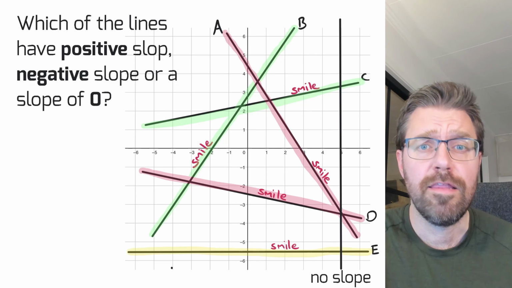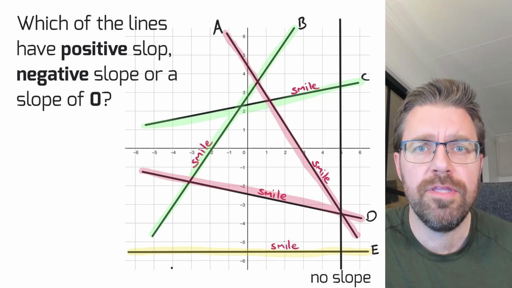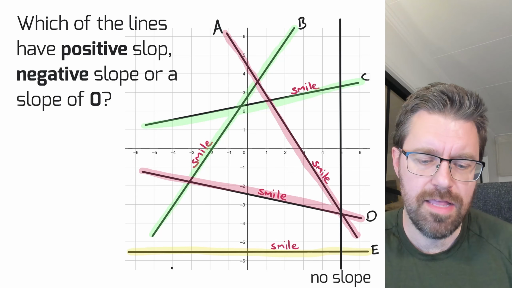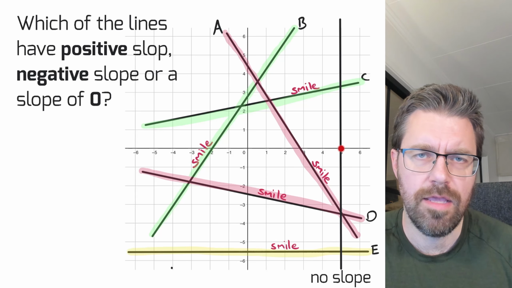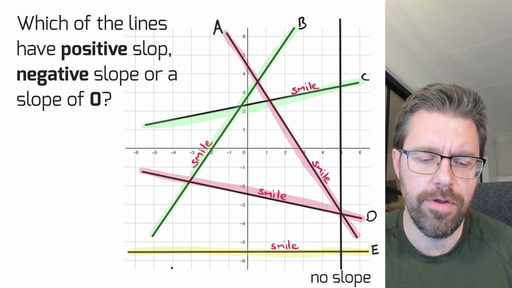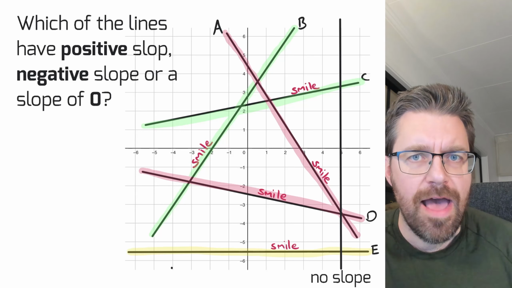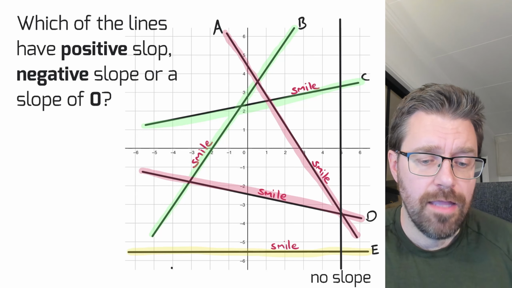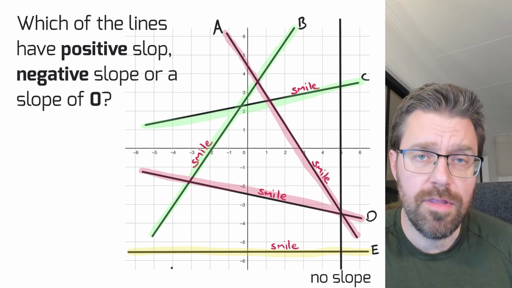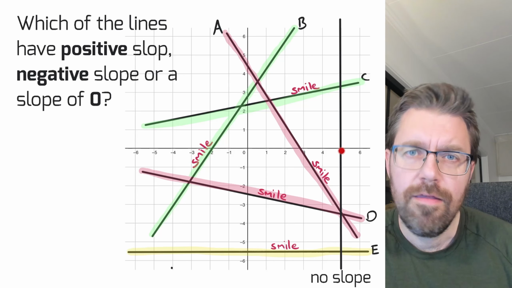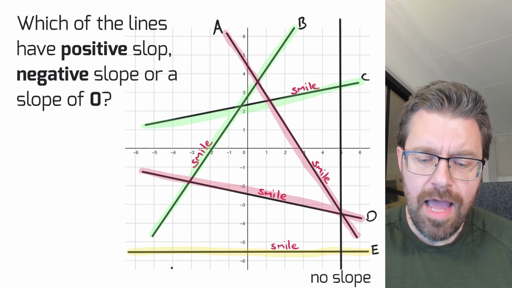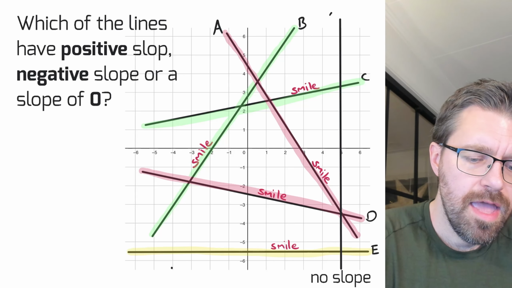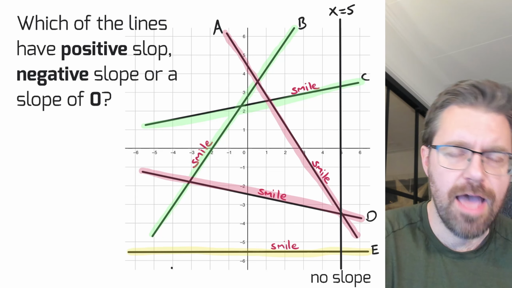A line that is vertical has the property that every point on this line, here and here and here and here and here, has the same value of x. And the value of x in every point on this line is 5. So the line's equation is only x equals 5.